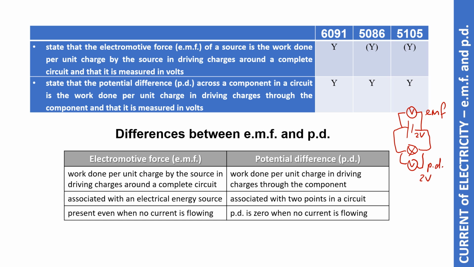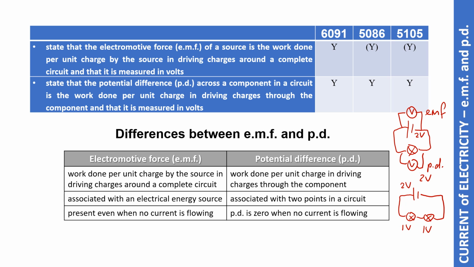Now, of course, if there are more than one components, for example, if there are 2 bulbs in series, then your EMF, if it's 2 volts, then the PD across each bulb will be 1 volt each, because the sum of the potential differences across the bulbs will be equal to the EMF of the circuit. But we will learn more about this in the subsequent lessons.